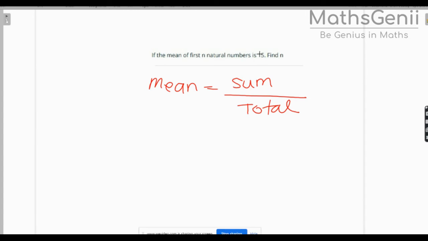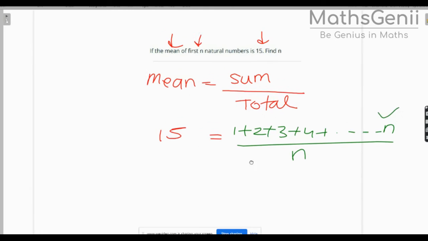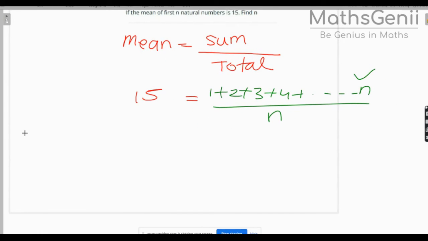Here I know that the mean value is 15. The n value I don't know, I'll have to calculate it. So he's saying the mean of the first n natural numbers, 1, 2, 3, 4 till n, is the sum upon the total, which will obviously be n. Now there is another formula, for the sum of natural numbers: n times n plus 1 upon 2.